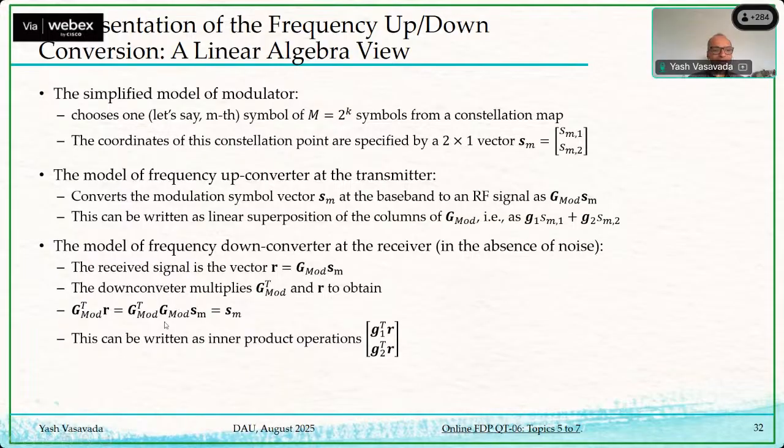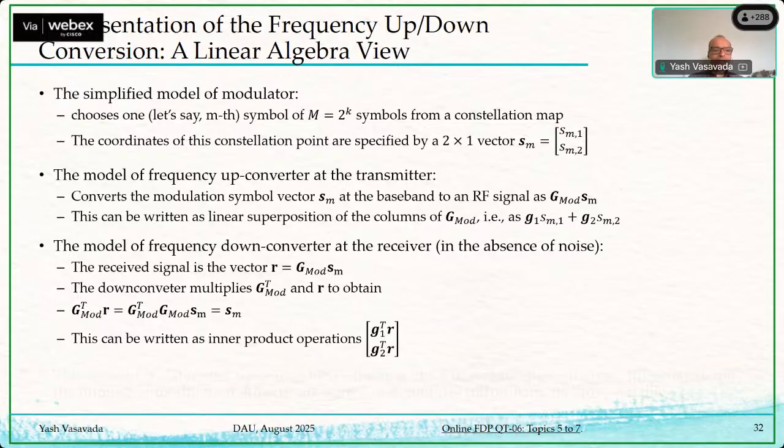Because this matrix G mode is orthonormal, G mode transpose G mode becomes the identity matrix, and you recover back the originally transmitted signal at the baseband, which is the actual information bearing signal.